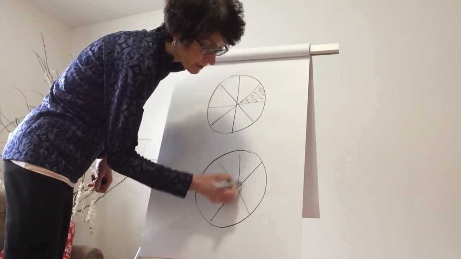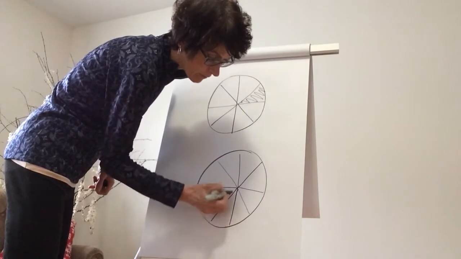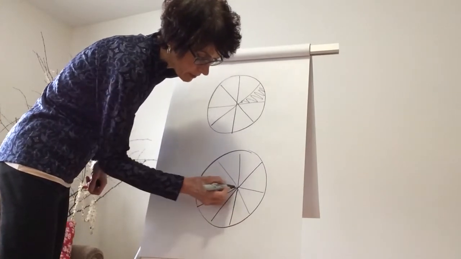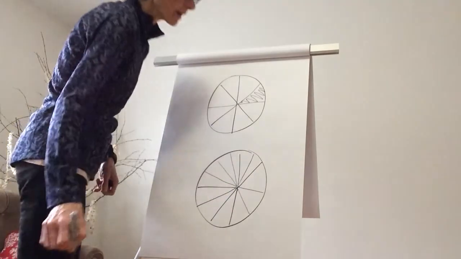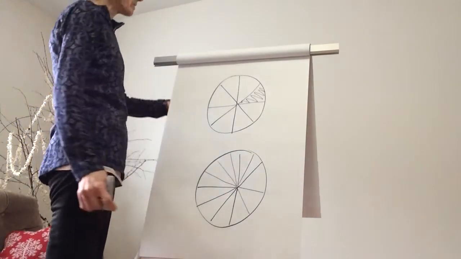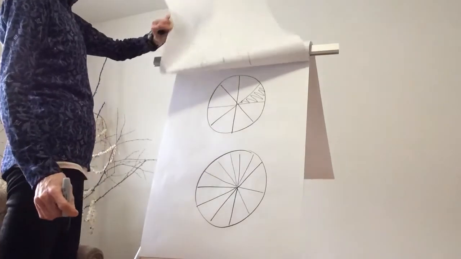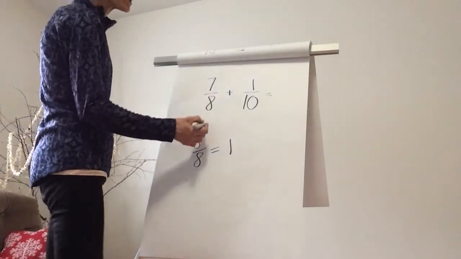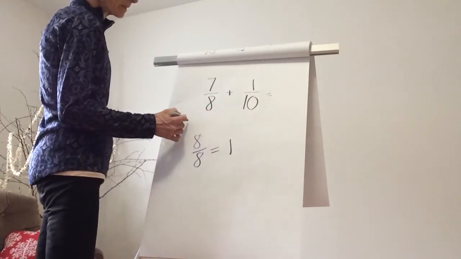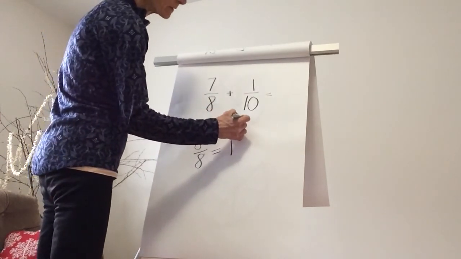And then each of these, so a 10th of a pizza, you're going to get a smaller piece, aren't you? So that's how we know that a 10th is smaller than an 8th. So we know from just the relative size of these that this is going to be under 1, isn't it? Just slightly under 1. So this is under 1.